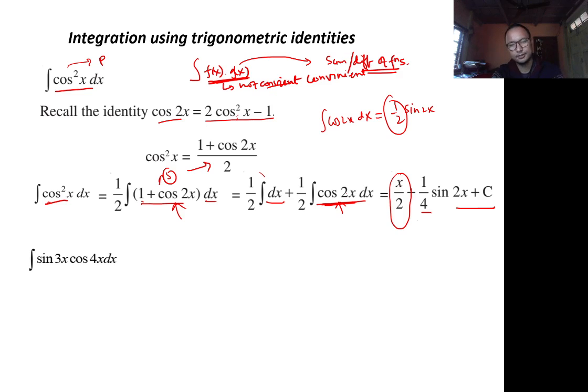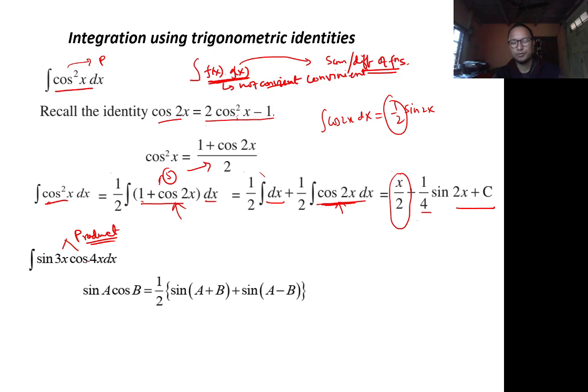Next, sin 3x cos 4x. Again this is a product of functions, right? Always remember, when it is a product, we convert it into a sum of functions and then integrate, because that is more convenient.